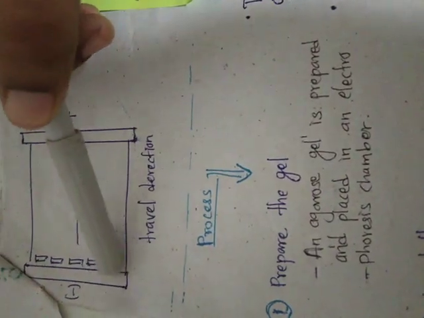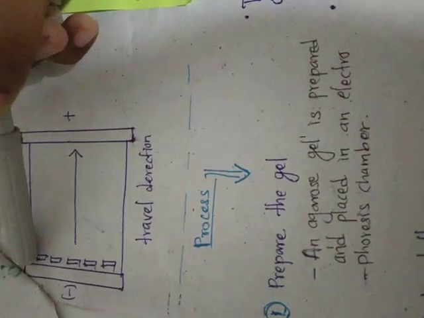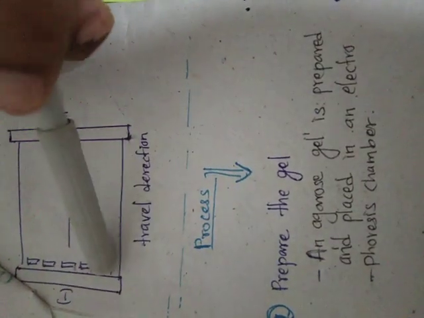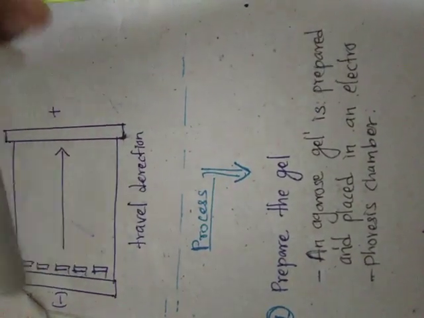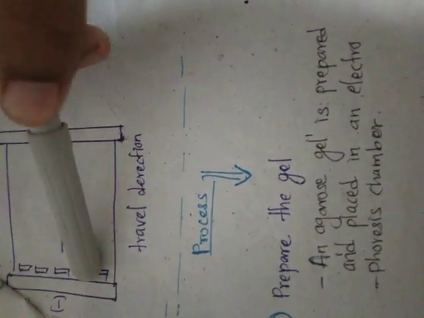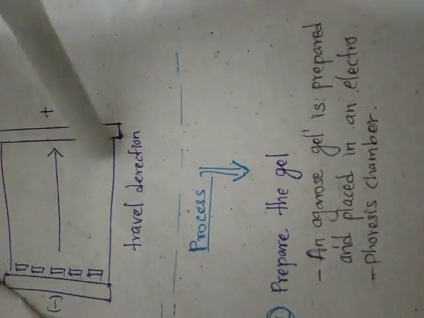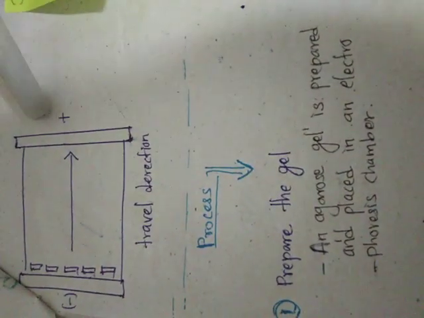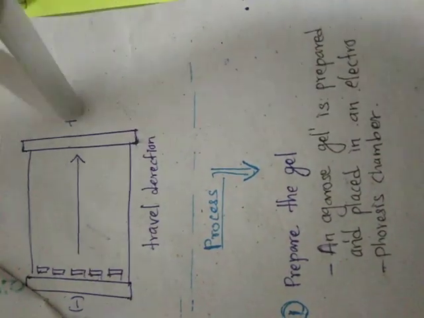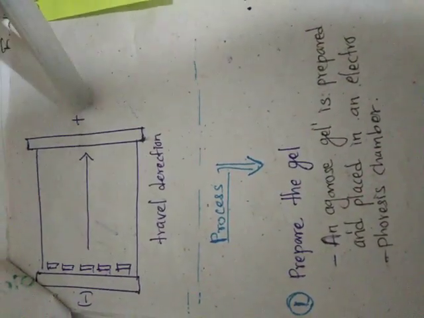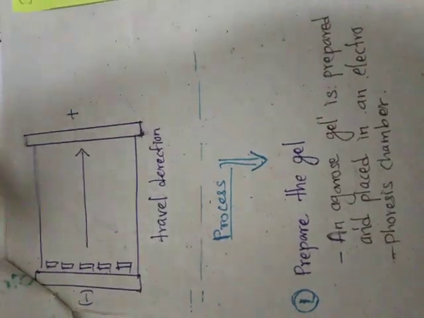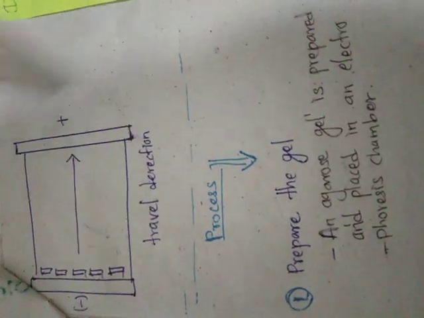So we have to put DNA on this side, and DNA is negative, so this side is negative. The DNA has to move this way, so this side must be positive. So this is the travel direction of the DNA molecules.